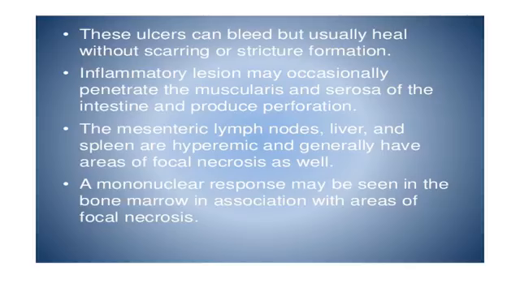The mononuclear response may be seen in the bone marrow with areas of focal necrosis. So you see the reticuloendothelial system is primarily involved in enteric fever, as well as the bone marrow. So these children usually present with signs and symptoms related to the GIT and to the bone marrow.